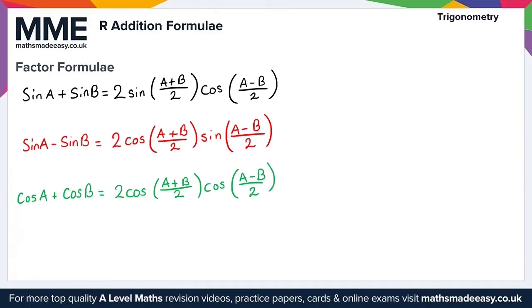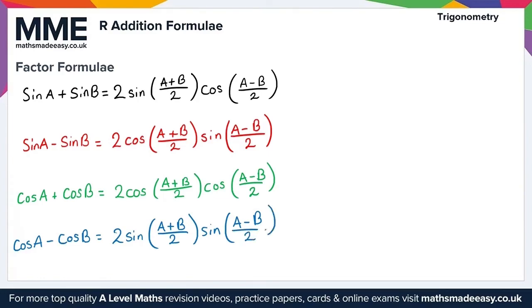Okay, and finally we've got cos A minus cos B. And we could write this as 2 sine A plus B over 2 times by sine A minus B over 2 there. Okay, so that gives us everything we need there for the factor formulae, and that concludes this Maths Made Easy video on R addition formulae.